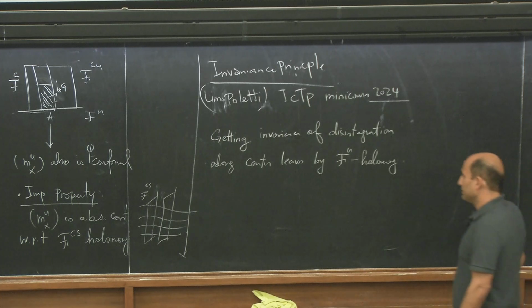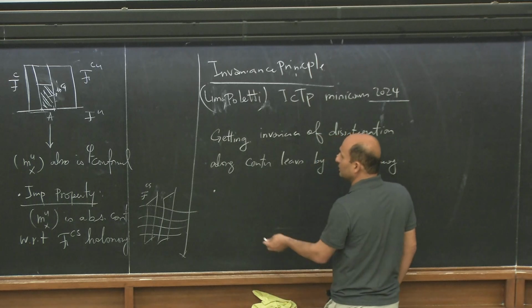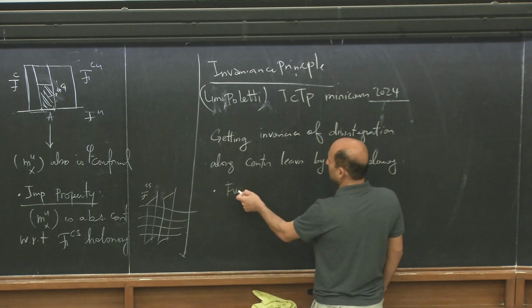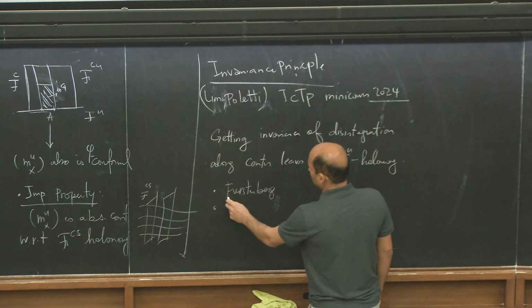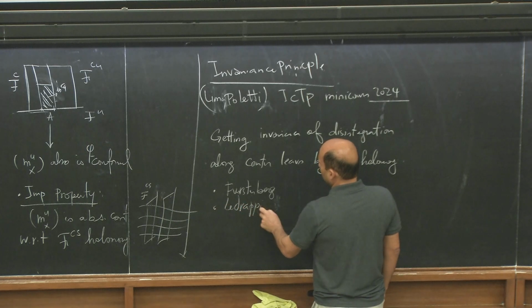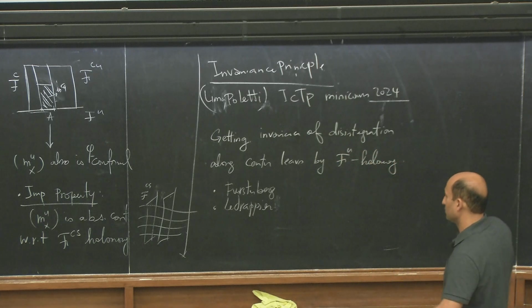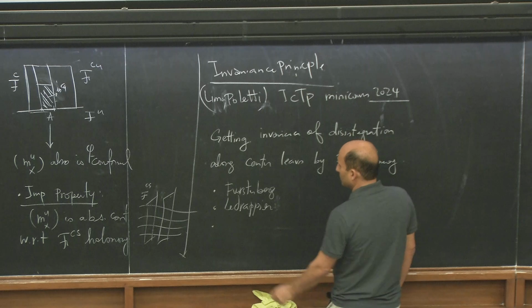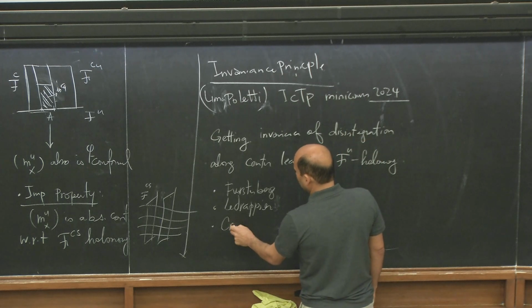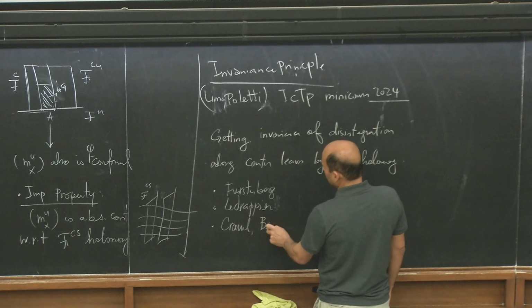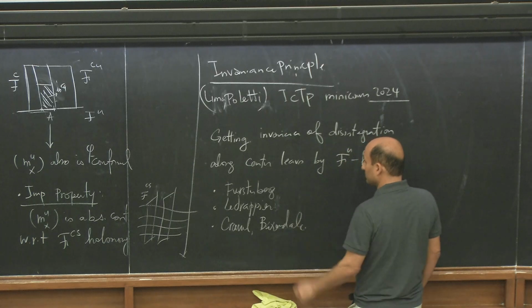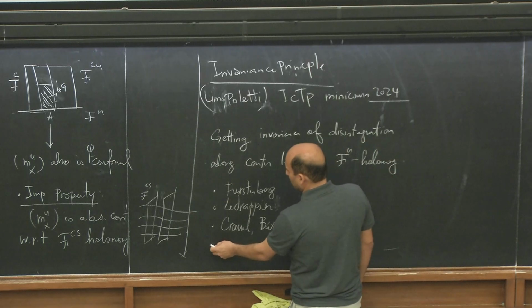Well, the history is long. Maybe I should say Furstenberg. Then Francois did the first breakthrough when you go to the cocycle setting. There are people in other settings, Crauel, Baxendale, in the one-dimensional setting or differential equation setting.